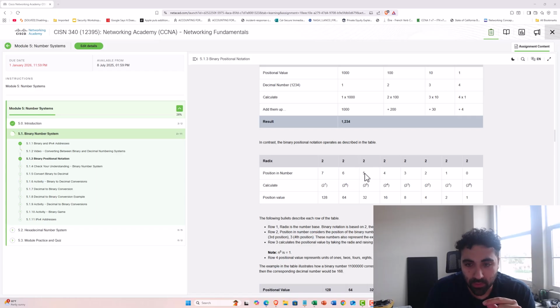For example, if it's the 5th position, you use it as a power. So what is 2 times 2 times 2 times 2 times 2? That's 32, and that's the position value. So in the event that all the positions are 1s, then the total is going to be 32.